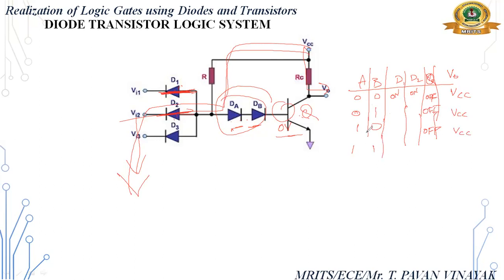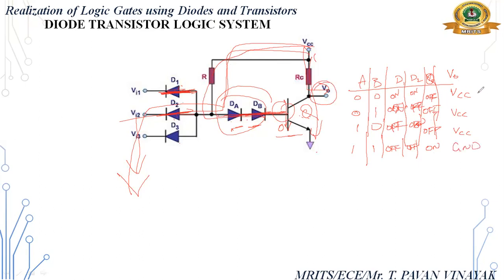When both inputs are 1, the diodes are off, so VCC will come to here. So the diode is forward biased, so Q3 will be on. Whenever Q3 is on, VCC comes to ground, so output V0 will be ground.